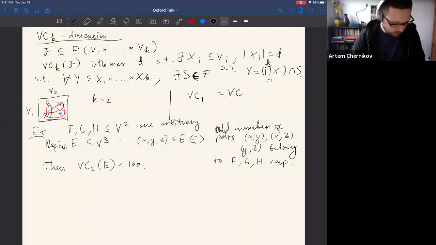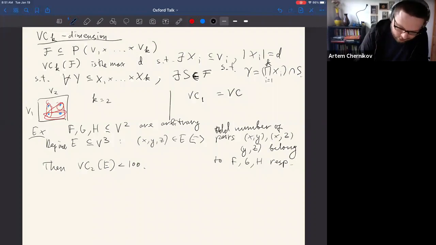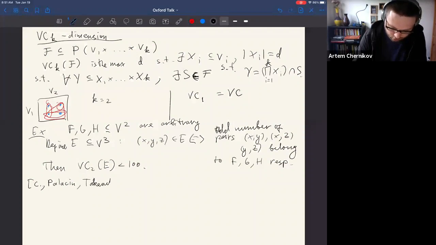Now I want to state a parallel for the two facts that we had for the usual VC dimension, or VC1 dimension. The first fact was Sauer-Shelah, so an analog of the Sauer-Shelah lemma for this higher arity generalization. There is some weak bound that I'm aware of.